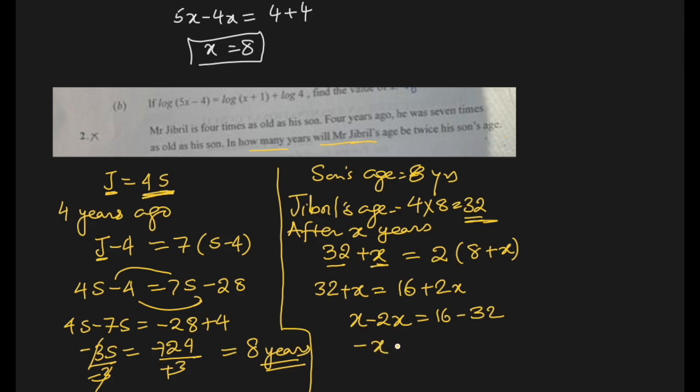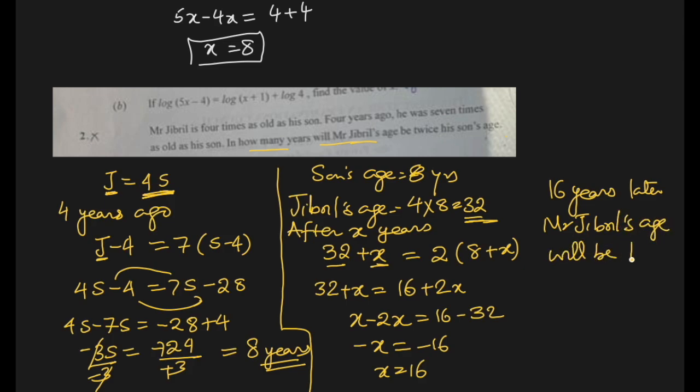So negative x equal to negative 16. x is 16. So we can write here that 16 years later, Mr. Gabriel's age will be twice his son's age. Let's verify.